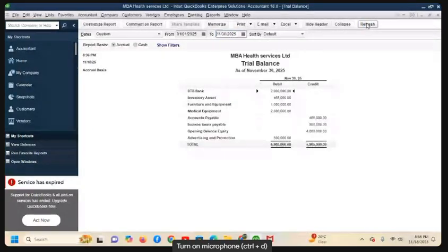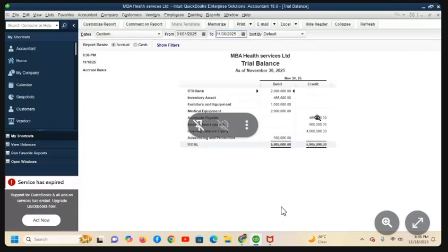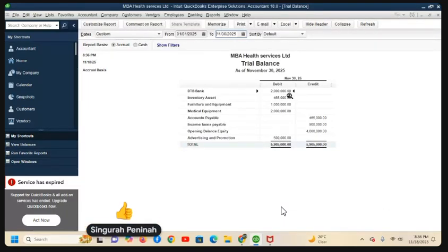This accounts payable has come in as a result of the goods we have received on credit. So the system will debit the inventory. Are you seeing the inventory? This is the stock we have, and it will credit the accounts payable.